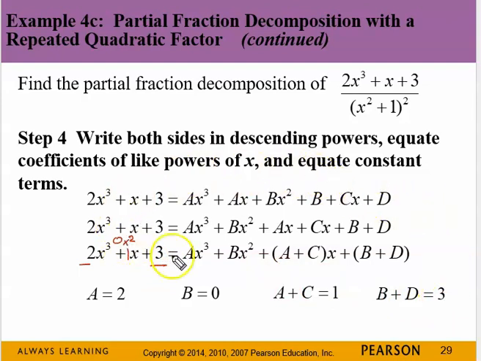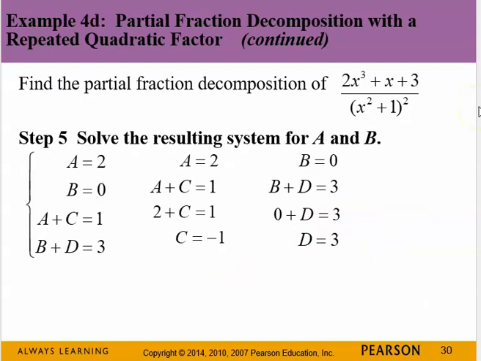So take a moment, pause, go over what I've just shown you to see how this ties in. This is the easiest of finding the various values for our grouping. We know A is 2. We know B is 0. And we know that A plus C is 1.